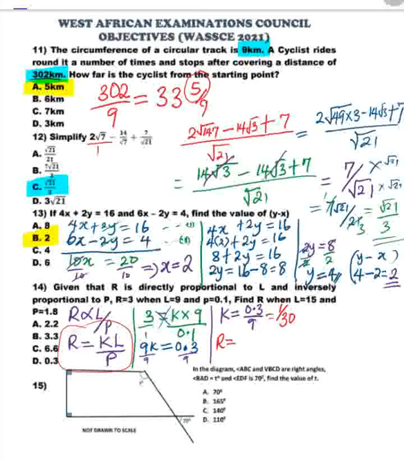We may use 1 over 30 now, times the new L given, 15, and then over P, which is given as 1.8.